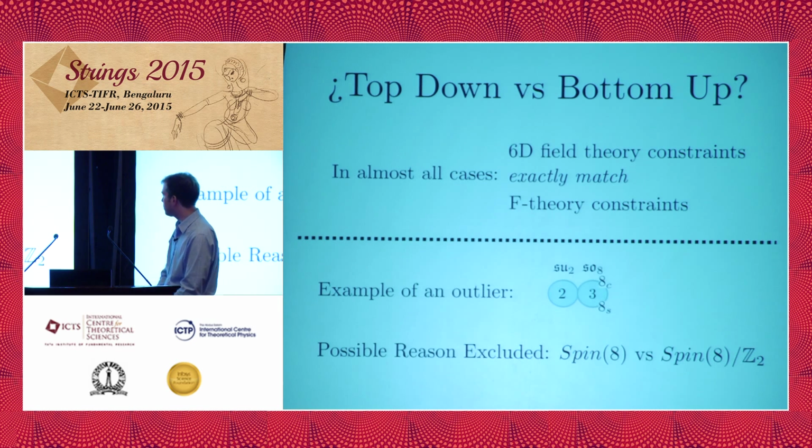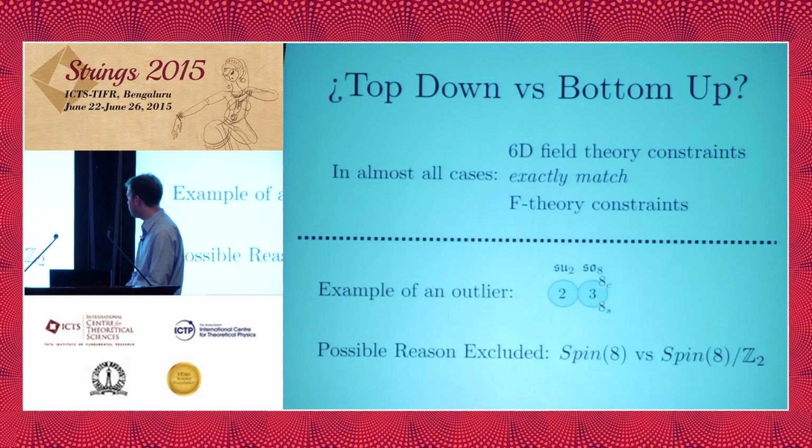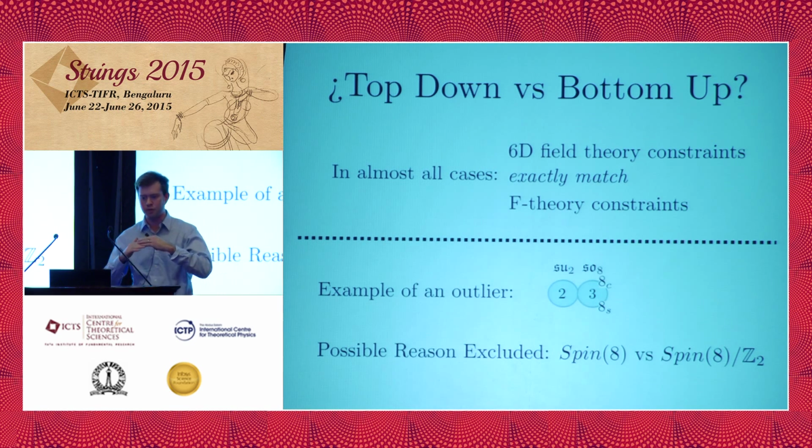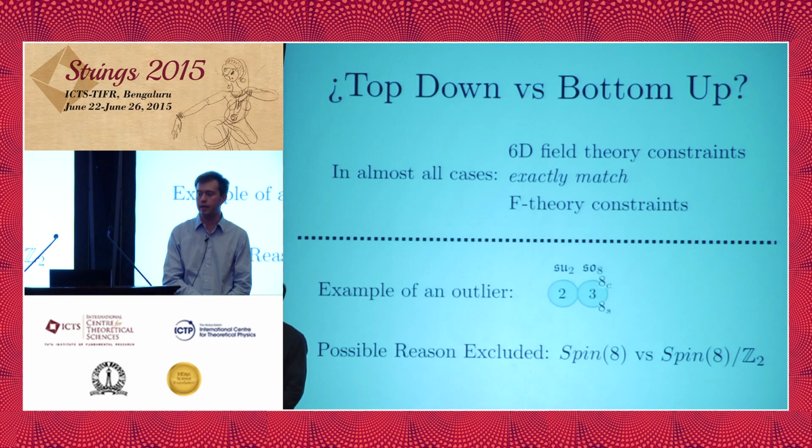But I suspect that there's something subtle about the global structure of the gauge groups, which is throwing this out. But I leave that for future work as a possible outlier. Okay, so this is the sense in which things are really close. I'm only mentioning this one because it's the outlier, but this is almost the only outlier that we have. Everything else is basically matching up with what you'd expect.